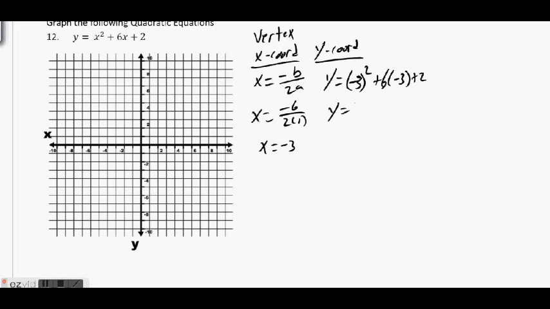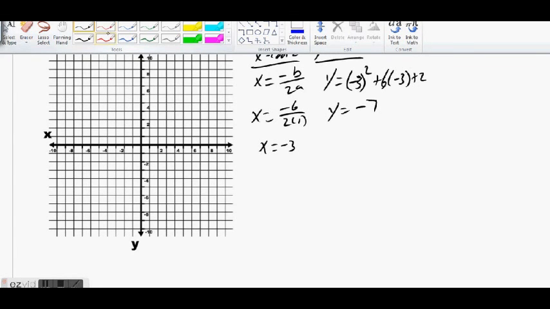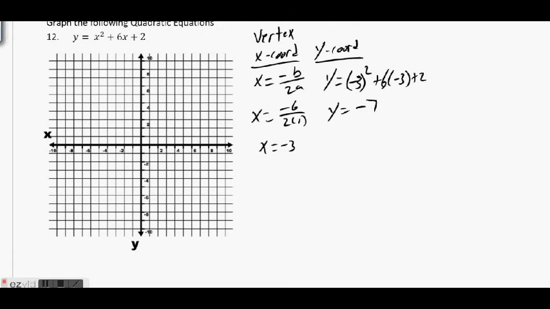Oh, sorry. We end up with negative 7. So my vertex is negative 3, down to negative 7. Alright? There's my vertex.